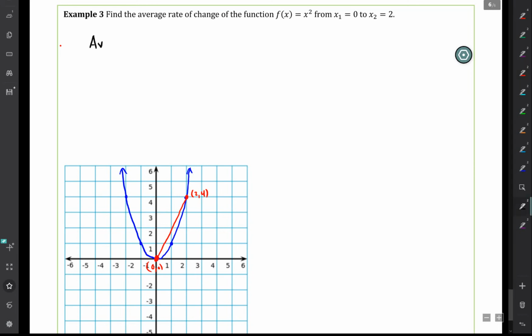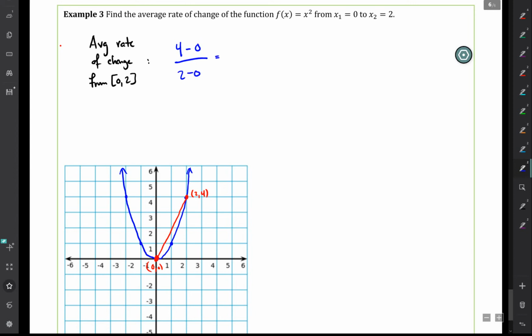So the average rate of change from 0 to 2, so sometimes we write this as over the interval from 0 to 2, is going to be the slope, which is going to be 4 minus 0 over 2 minus 0.